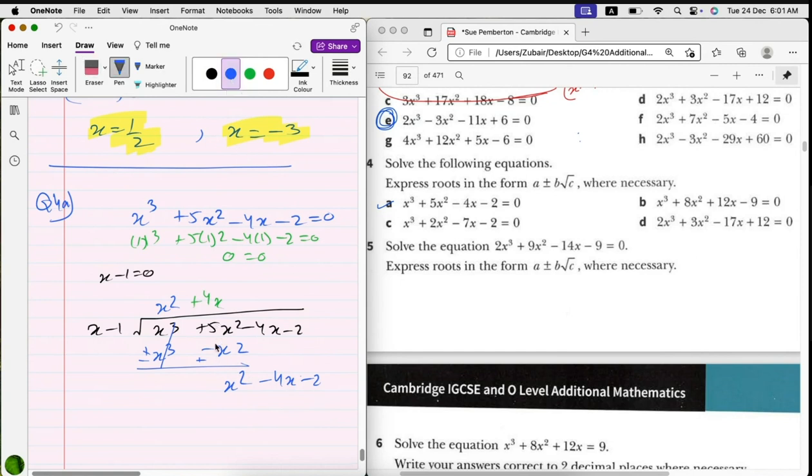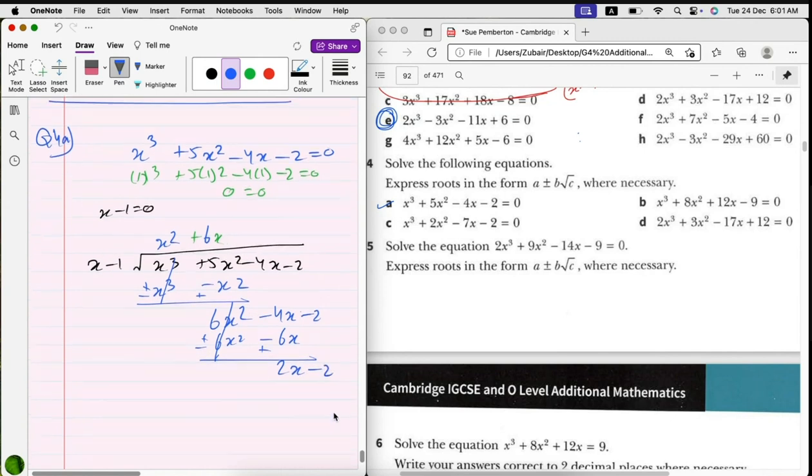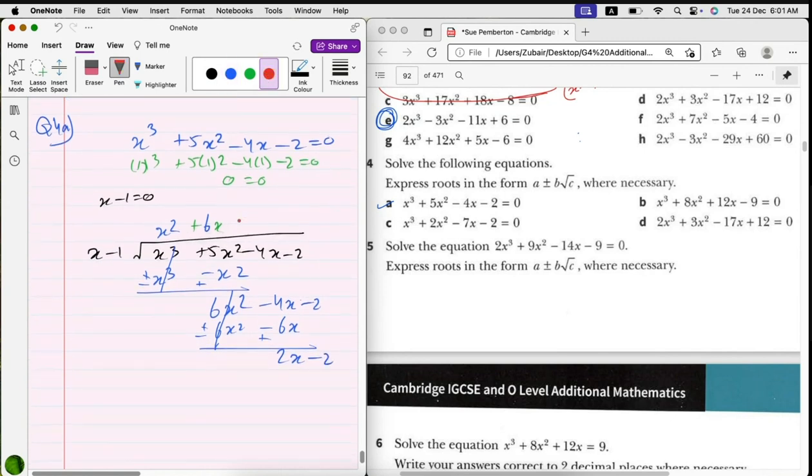This is 5 and 1, 6. So we multiply with 6 to get 6x squared minus 6x plus 2 minus 2. We get rid of this. This is 2x minus 2. And finally, with 2 to get 2x and minus 2, the sign changes and we get 0.